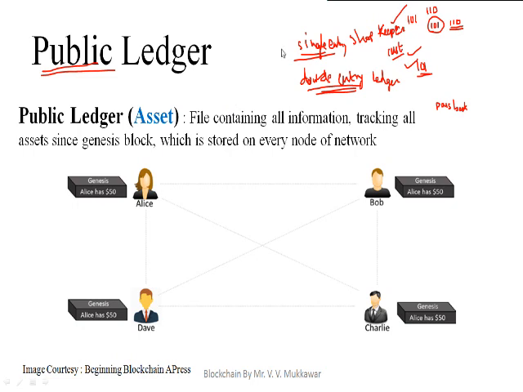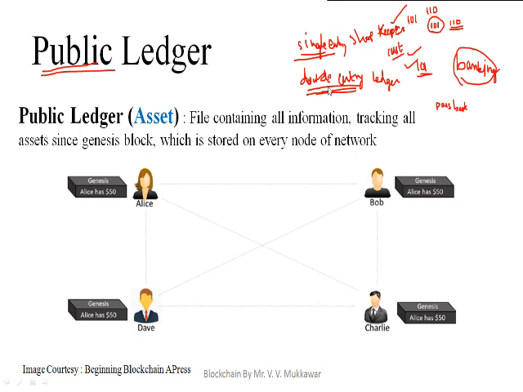If I consider the example of banking, you have the data or transactions that have been done by you only. You don't have a copy of a transaction done by someone else, right? But the bank has the transactions of all the customers. That is the difference between the public ledger and the simple double entry ledger.